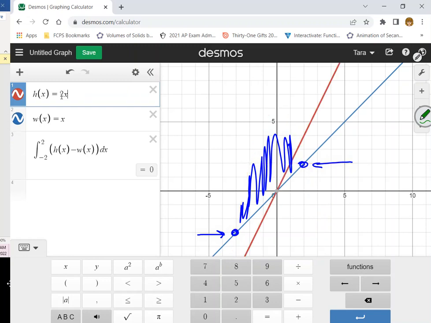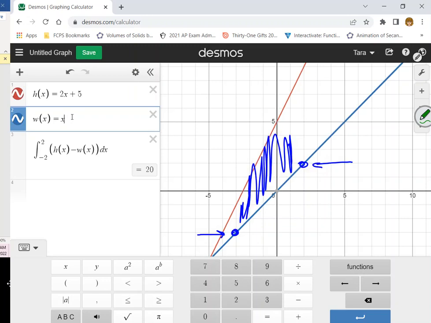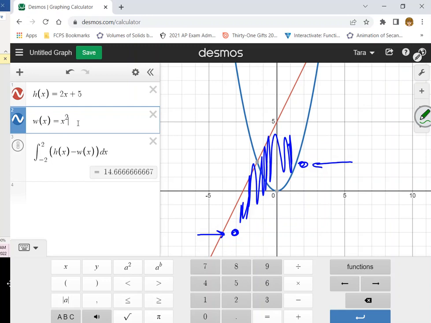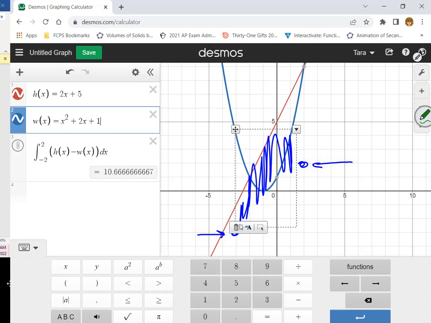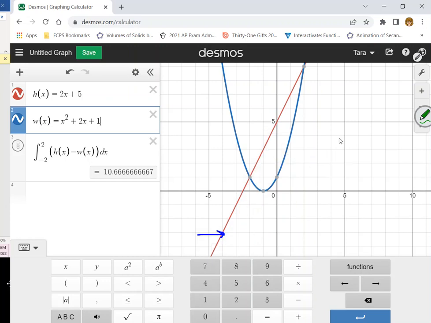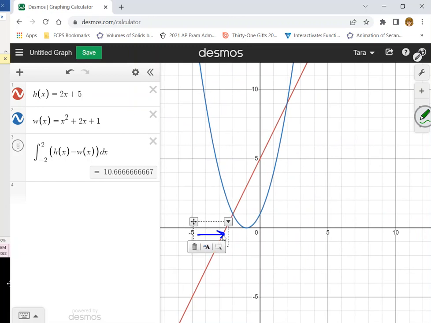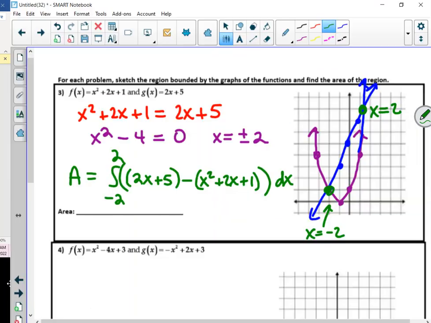So 2x plus 5 is my top function, so that would have to go in for h of x, and x squared plus 2x plus 1, there we go. But there's the region that we're talking about, just like our picture. And so 10 and 2/3, 32 thirds. Those are our answers.